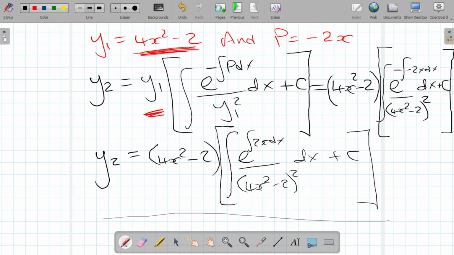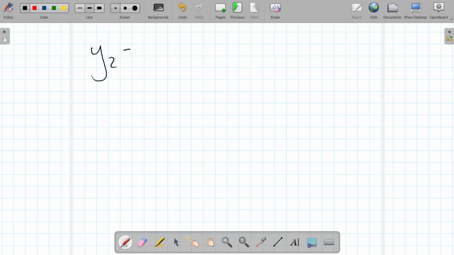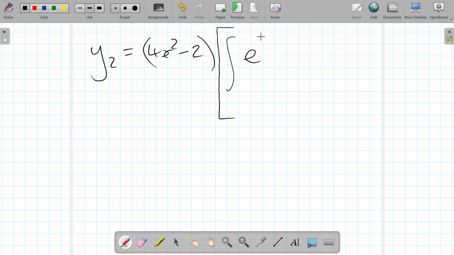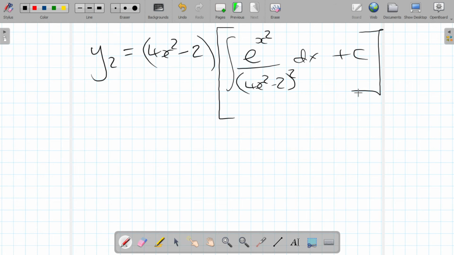So we'll go on to the next page, and we've got y2 equals 4x squared minus 2 outside the brackets, and we've got the integral of e to the x squared over 4x squared minus 2 all squared, and we've got a dx term there and a constant. Right? So let's just make a bit more space.